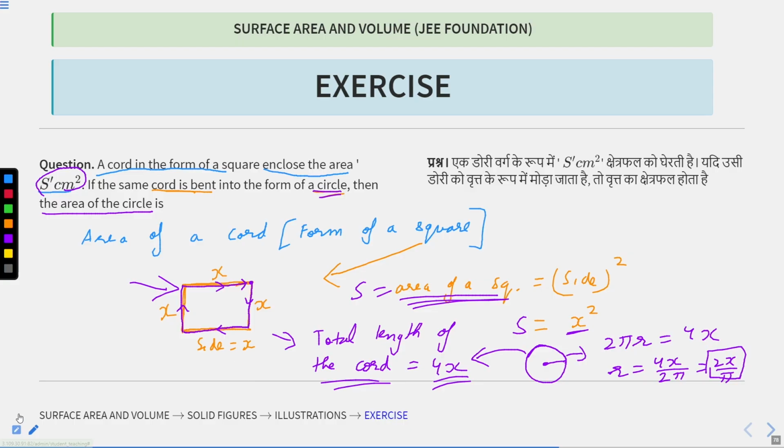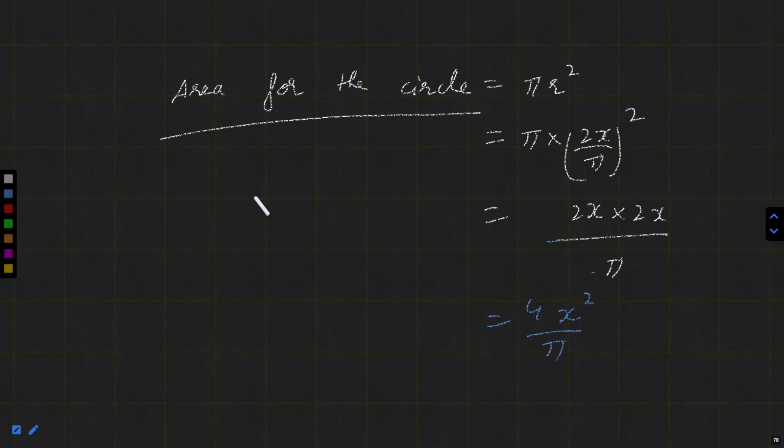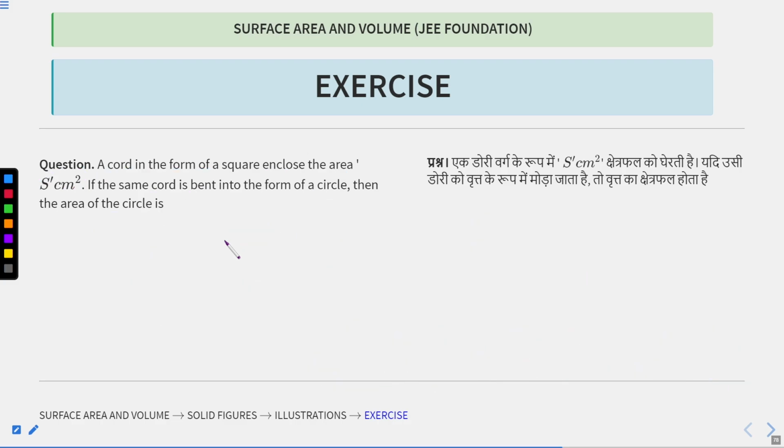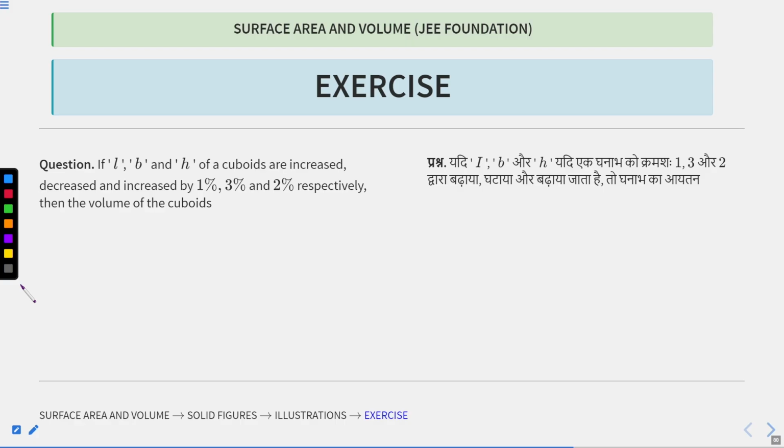That means the area of the circle is equal to 4s by pi. I hope this is clear. So my answer for this is 4s by pi. This option is correct. So let's move to the next.